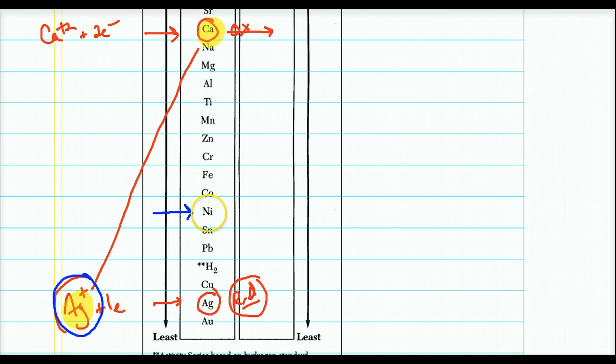I'm sorry, metals can't gain electrons and become negatively charged, but metal ions can. So if we're talking about calcium and nickel, we're really talking about nickel plus 2 gaining 2 electrons, and this would be the angle here. We have to make the assumption with table J that we're talking about the ion form of these metals. So that's how we can use this chart, table J, to figure out just spontaneity.